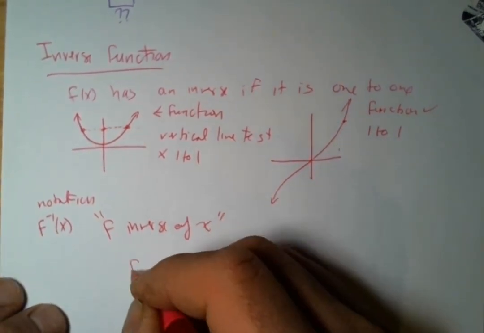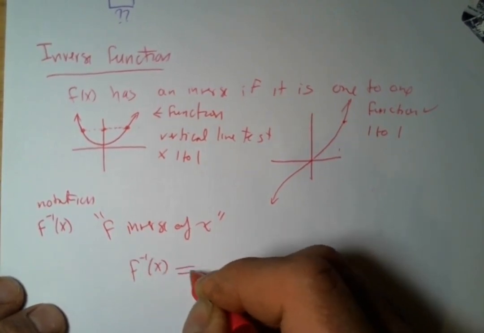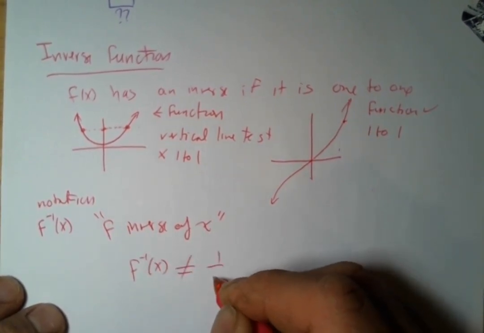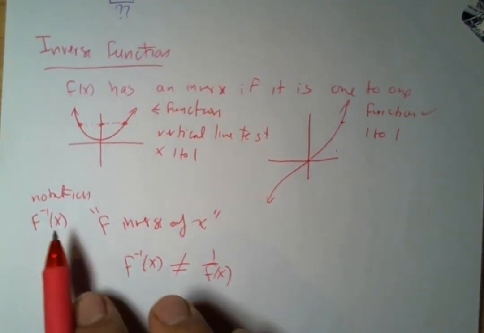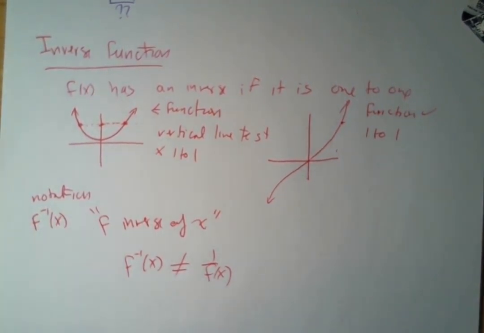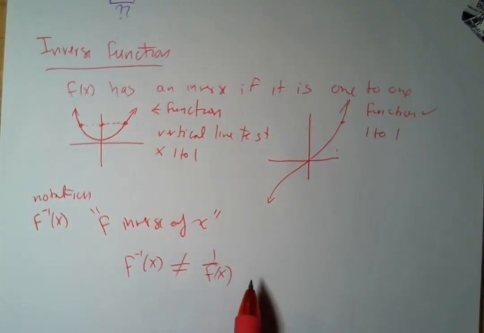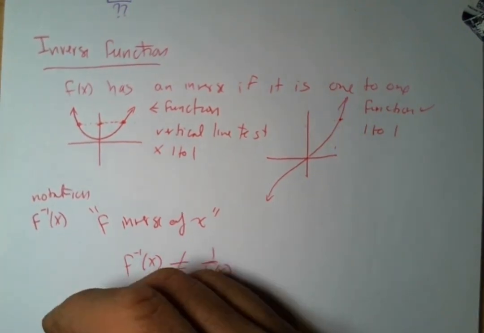So this does not equal 1 over f. Those negative 1 superscripts are usually reserved for function notation, so context is important when we're talking about a function. It's not an exponent, it's to signify the inverse of a function. Okay, so for f of x to have an inverse, we need one-to-one and also properties of inverse.